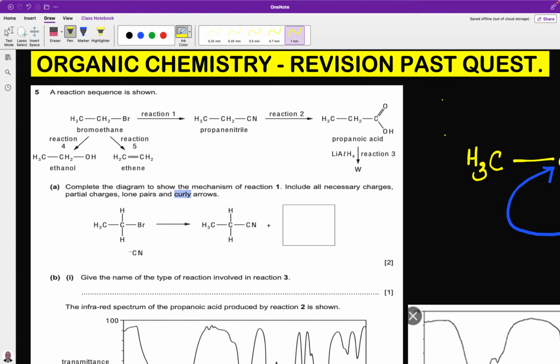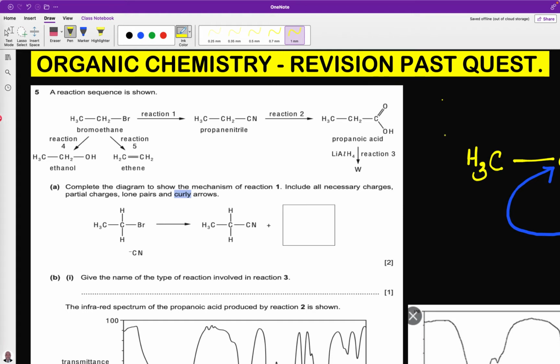You are supposed to know the type of reaction mechanism that primary, secondary, and tertiary halogenoalkanes undergo. But in this situation, we have a primary halogenoalkane. Is it an SN1 or is it an SN2? It is an SN2. This is an SN2 mechanism.